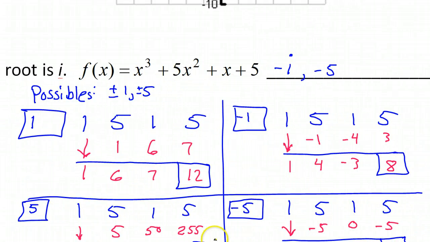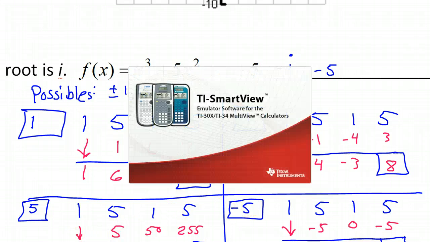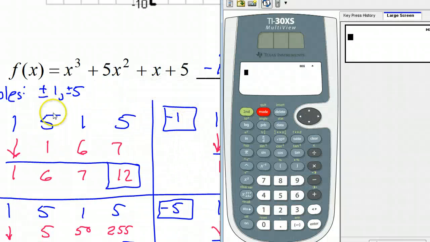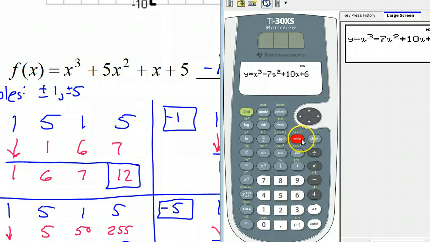By the way, I did this whole test without using the TI-30XS MultiView. If you were allowed to use the TI-30, a so-called bonus problem like the one we're doing now becomes trivial, because we could just put this function in the calculator using the table function.